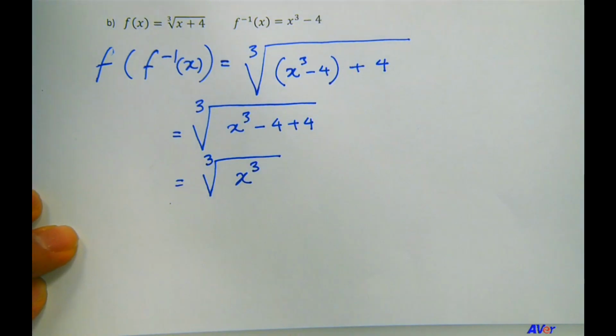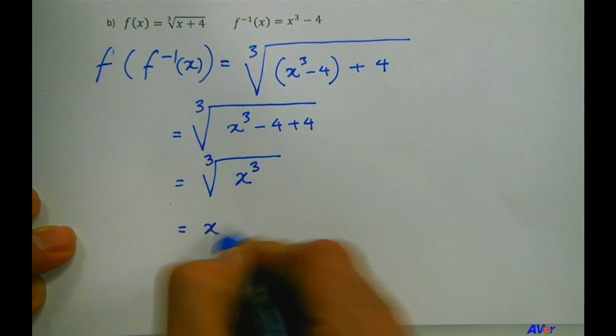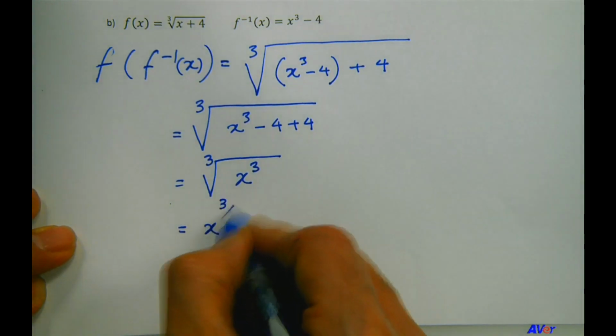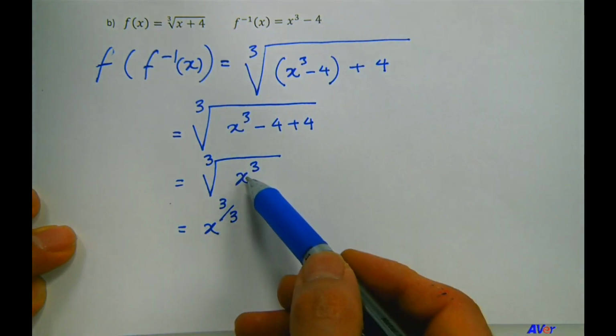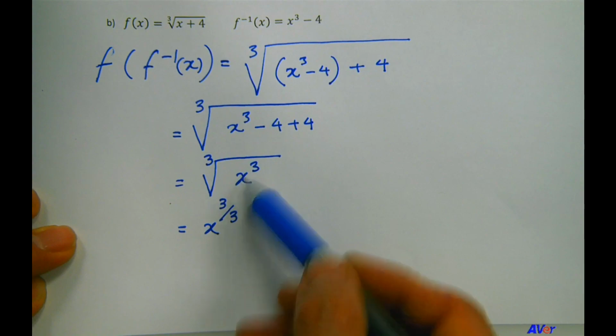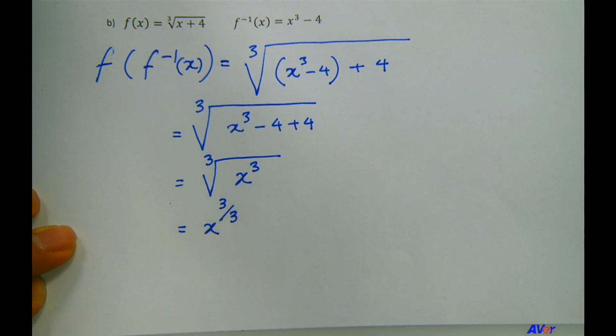A while back, maybe earlier in this course, we looked at properties of radical expressions, properties of rational exponents. So you can rewrite this as what? As x to the 3 over 3 power, right? Any radical expression can be written as some term to some rational exponent.